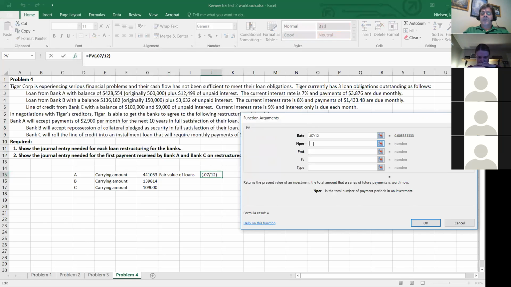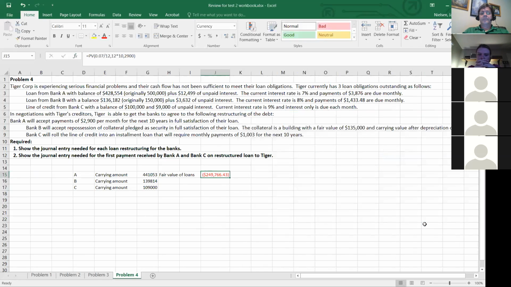Number of payments is 12 per year times 10, or you just put 120 in if you want. And the payment, 2,900. That's what was agreed to. That's the new deal on this loan. So the fair value of that loan is 249,766. So the loss is the difference.